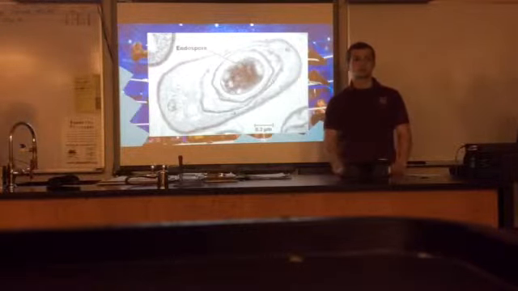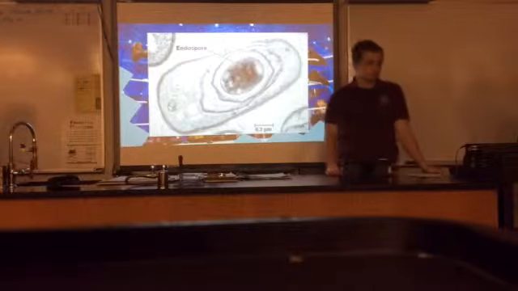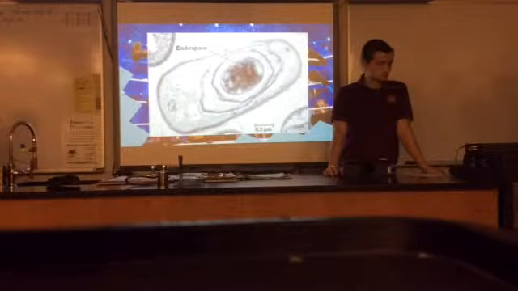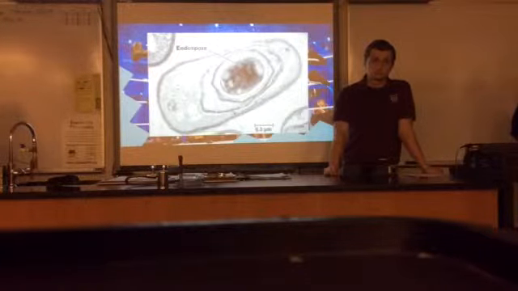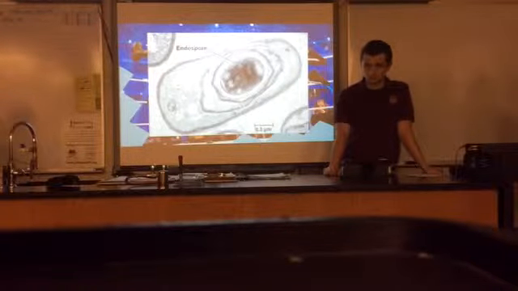What happens is, in adverse conditions, the cells stop growing, and then it divides underneath the cell wall. The bigger half envelops the smaller half. The bigger half will be called the mother cell. The smaller half will be called the forespore.